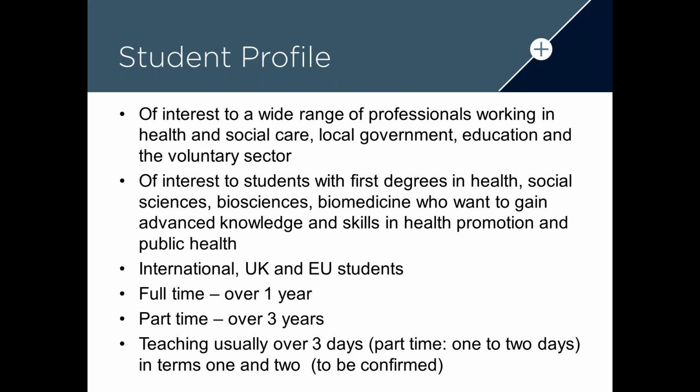As I say, the requirement is a 2:2 in a first degree, and that can be in health, a healthcare or health undergraduate degree. It can be in social sciences, biosciences, biomedicine, a whole range of different sciences, and the main real thing is for you to have a real interest, that you want to learn and gain advanced knowledge and skills in health promotion and public health.